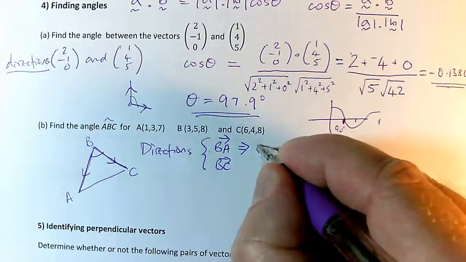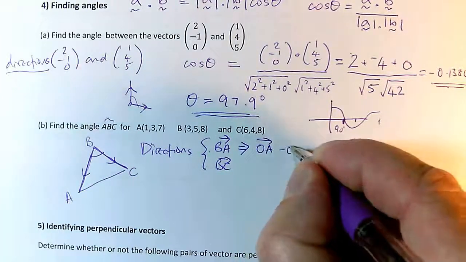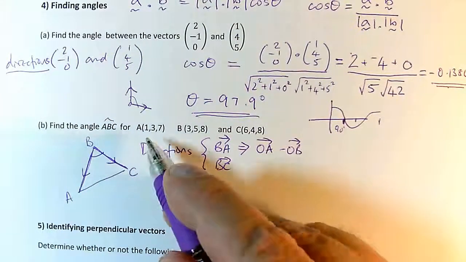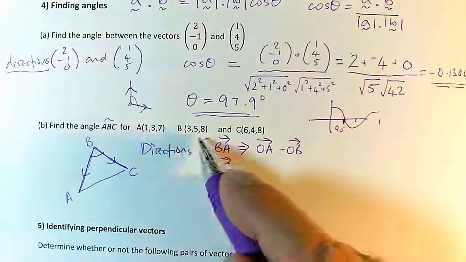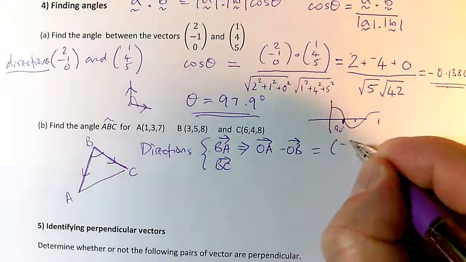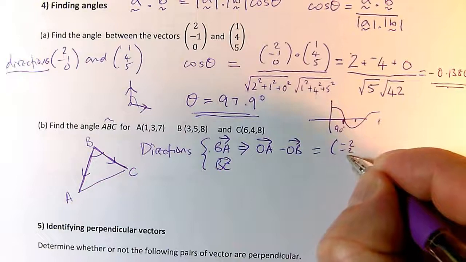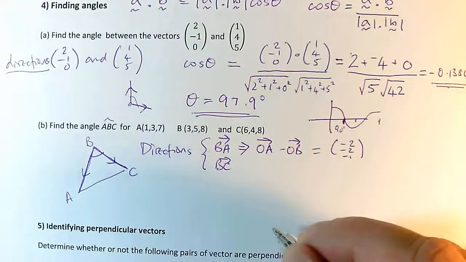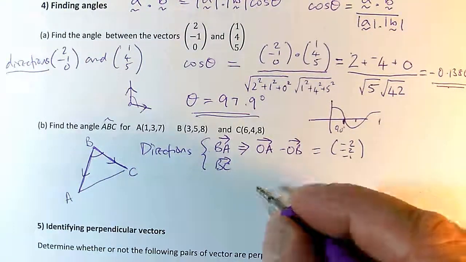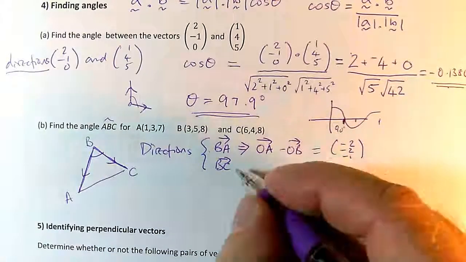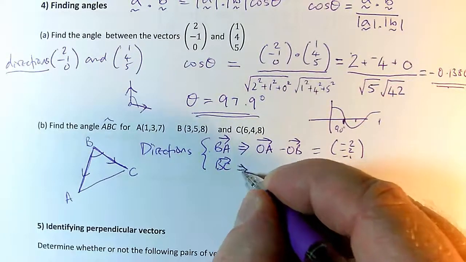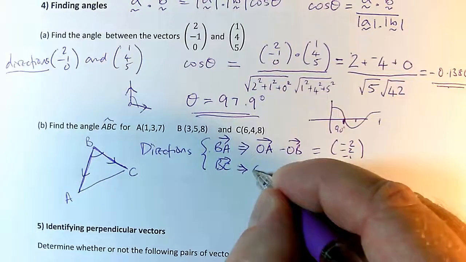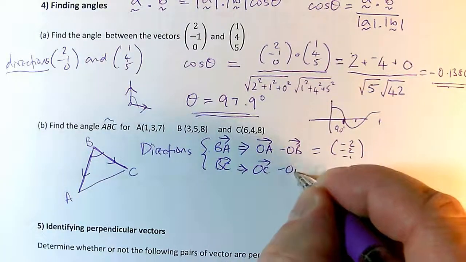A comes last, so it's OA minus OB. So it's that one minus that one, which is minus 2, minus 2, minus 1. We had that answer before on a previous example, but it was the other way around, so I've just made it negative. BC. BC is OC minus OB.